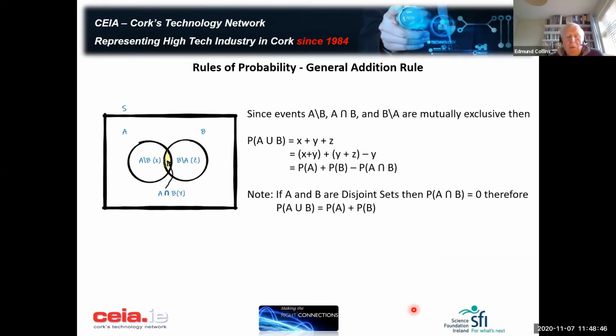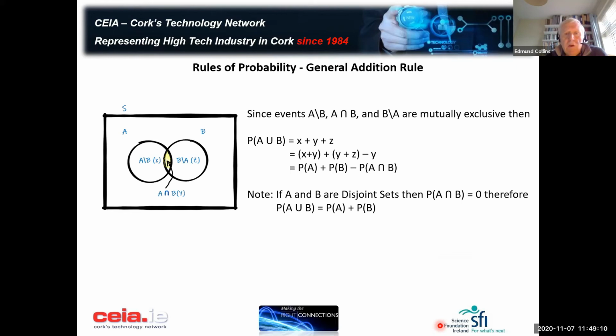Another rule of probability now, called the general addition rule. Interestingly enough, this comes up in the question we'll be doing towards the end of the tutorial.